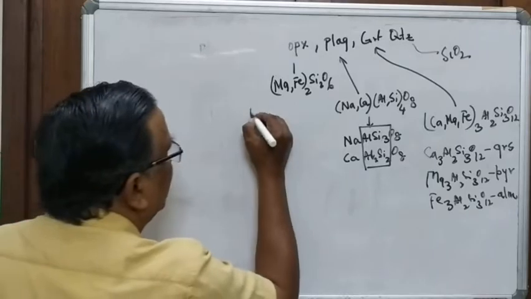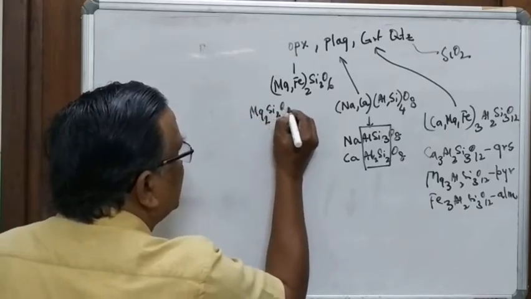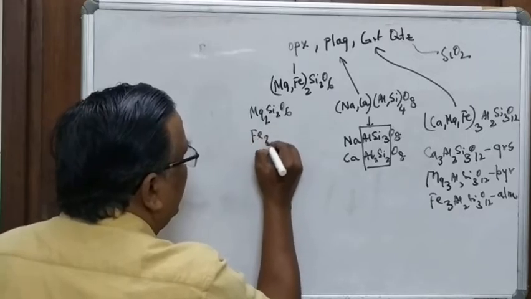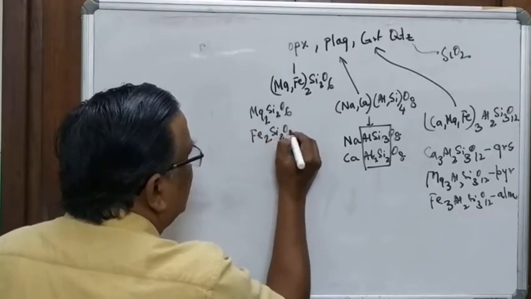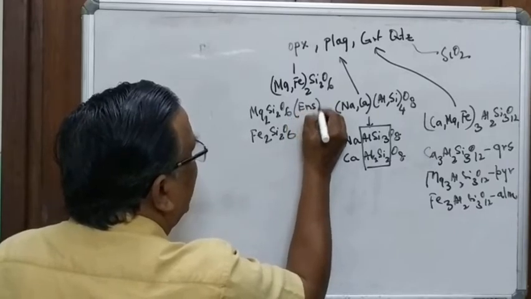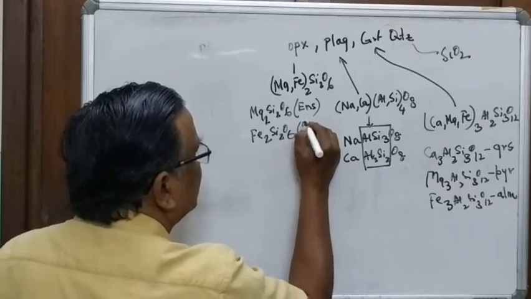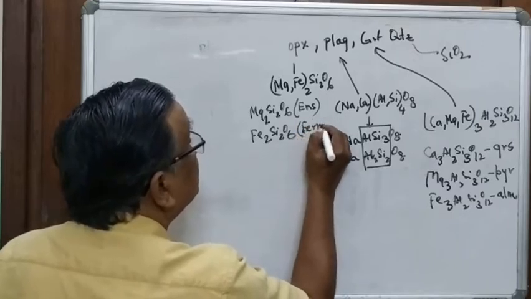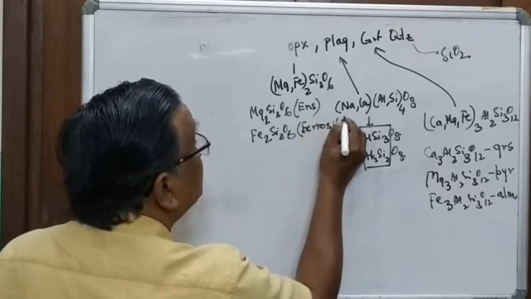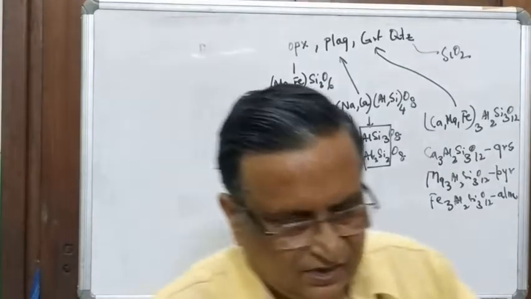Orthopyroxene has two components, Mg2Si2O6 and Fe2Si2O6. This is enstatite and this is ferrosilite. So the minerals are quite complex. If we add manganese, it adds some more complexity.